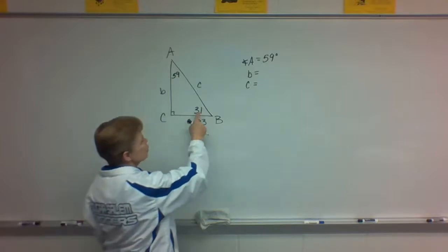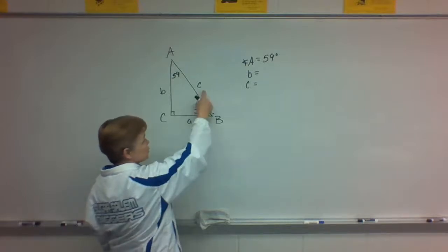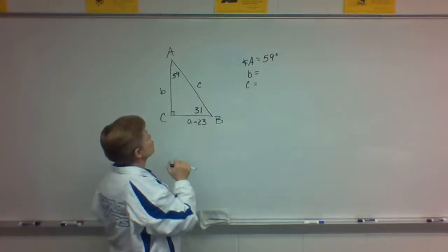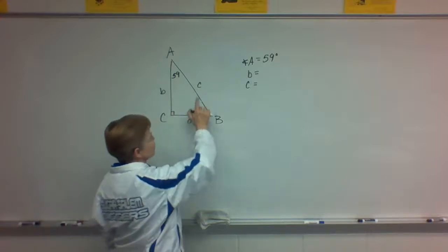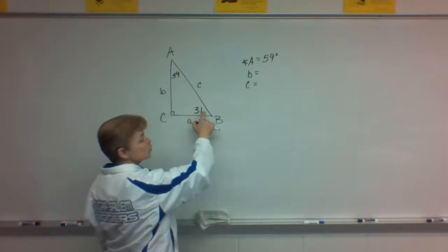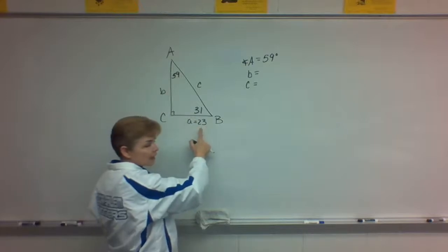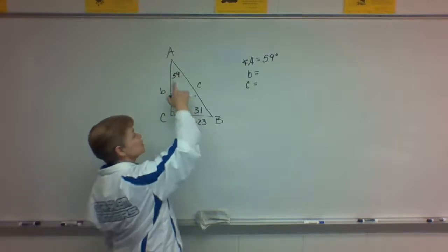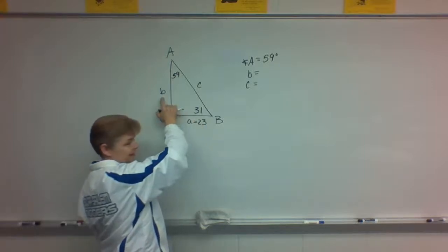So you could either use the cosine of 31, which would be 23 over c. You could use the sine of 59, because that would be 23 over c. You could use the tangent of 31, because that would be b over a. You could use the tangent of 59. That would be 23 over b.